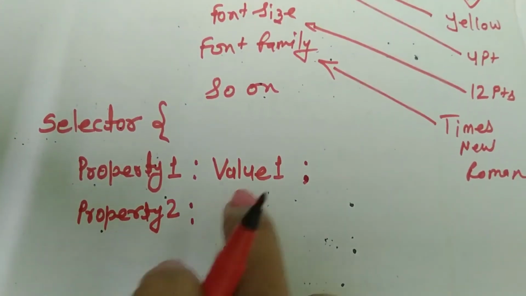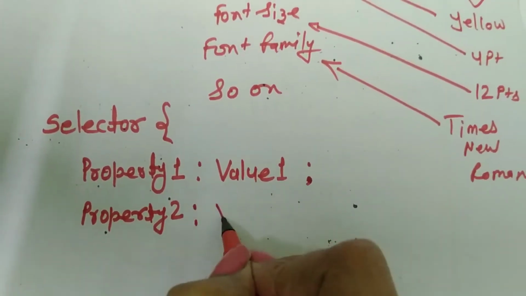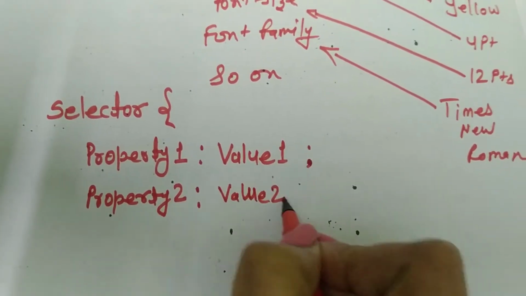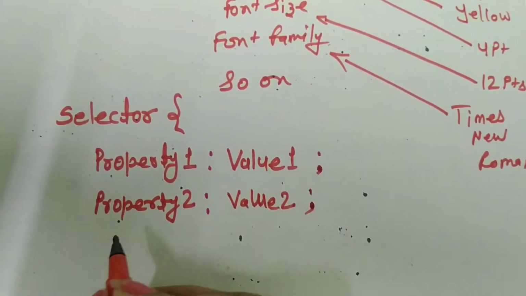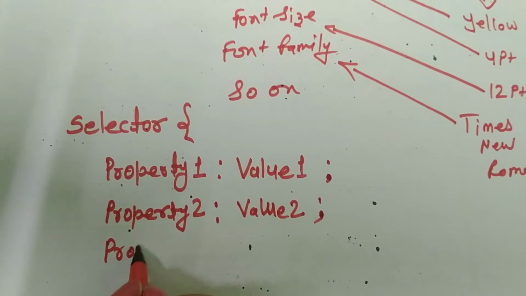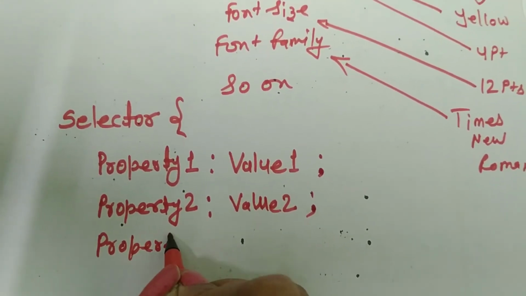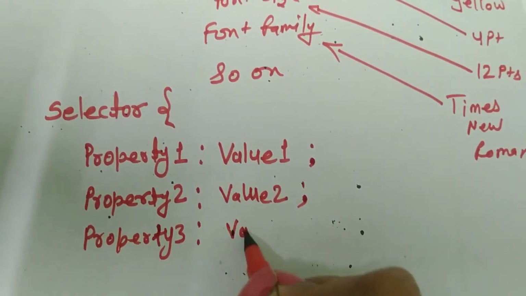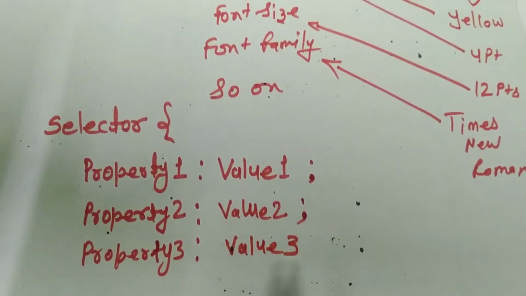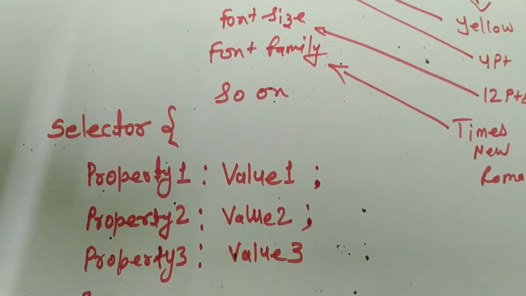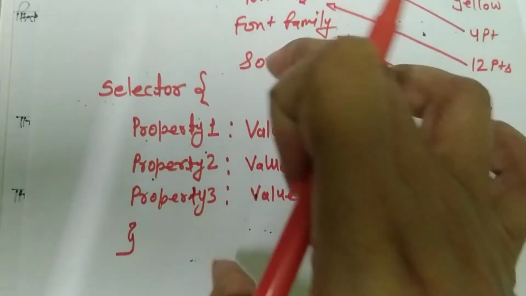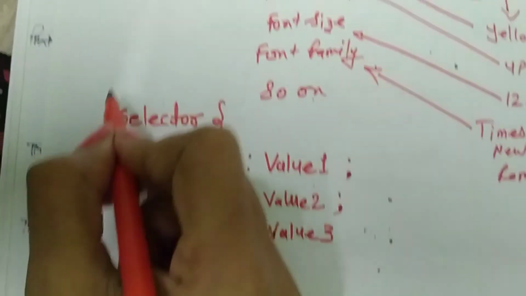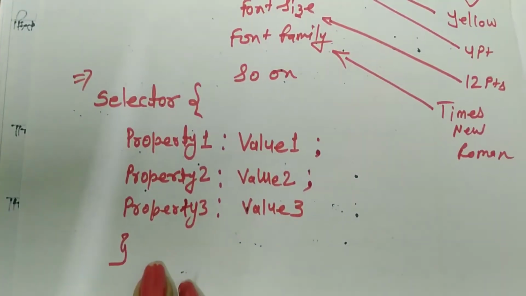Again a colon is used for separating property and value 2. Now use the semicolon, and if you want to set any other property, use property 3, colon and value 3. Now close the curly braces. So this is the perfect format of CSS.